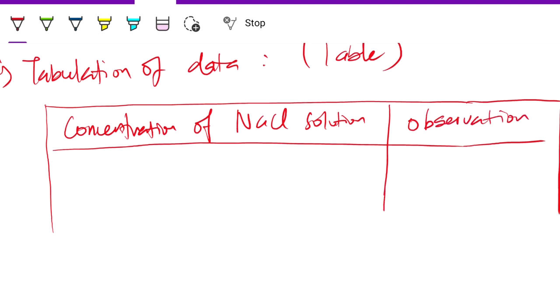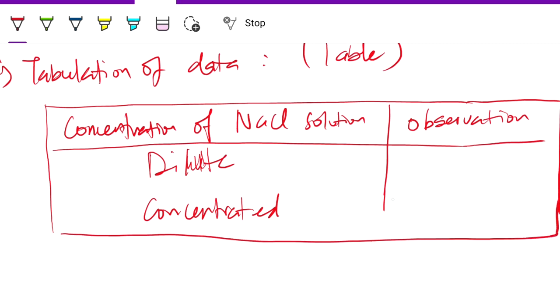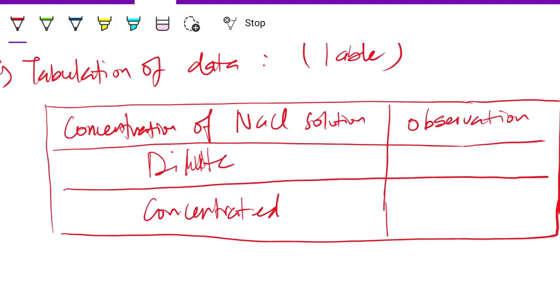So here we can use dilute and concentrated. For the observation, we just leave it empty, because you are planning the experiment. So that's all for paper 3 for the SBP trial paper.